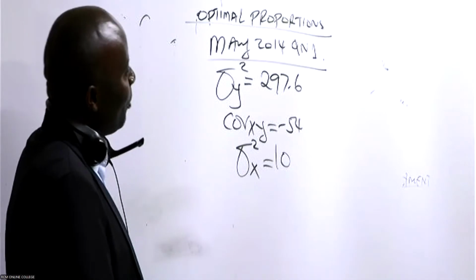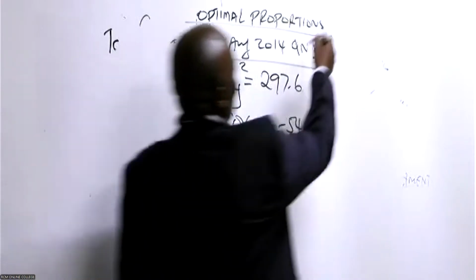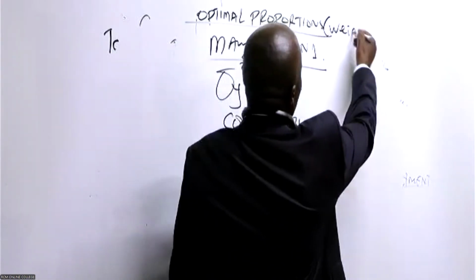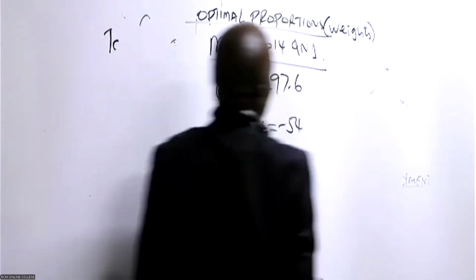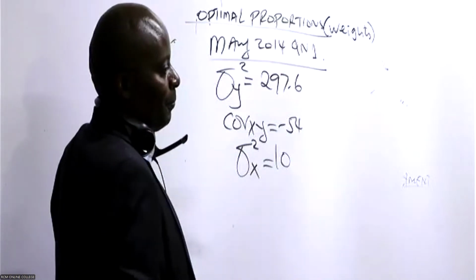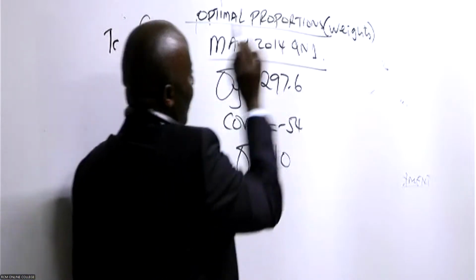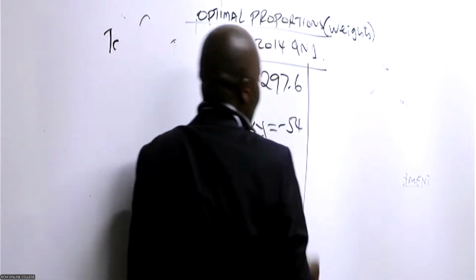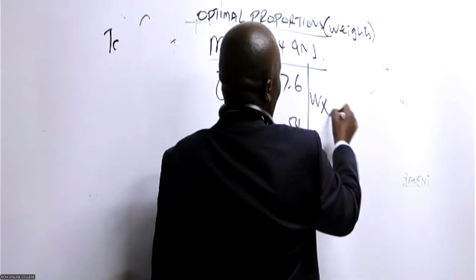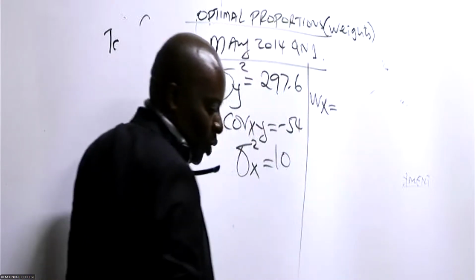These optimal proportions are also known as optimal weights. Your examiner will ask you for optimal weights. If they want us to give the weight of X, this is what we shall always do.